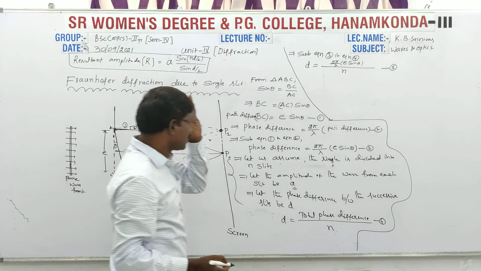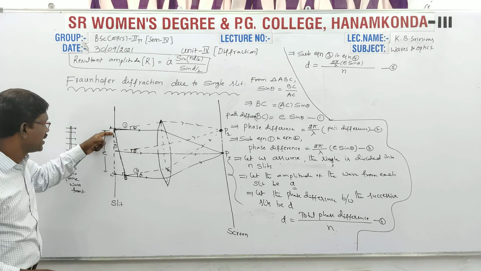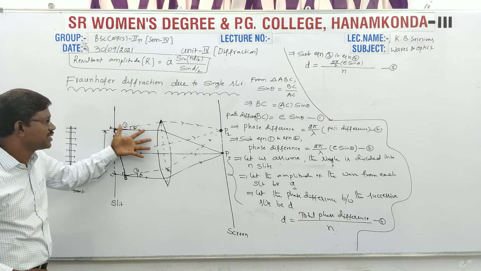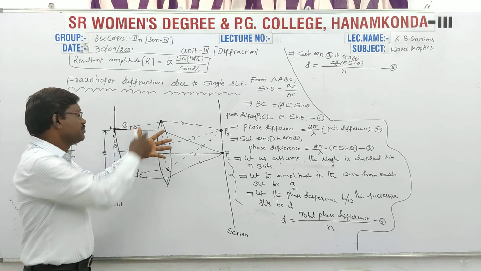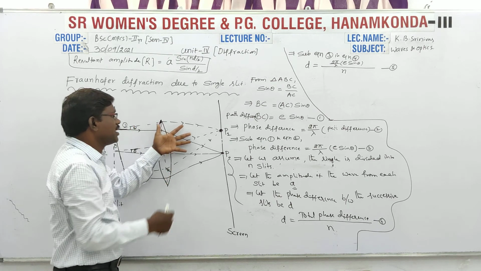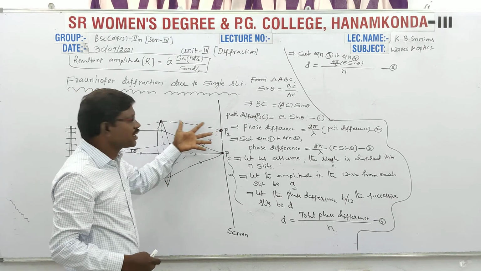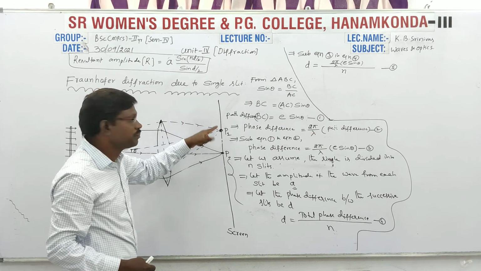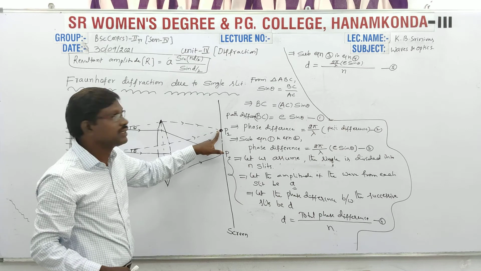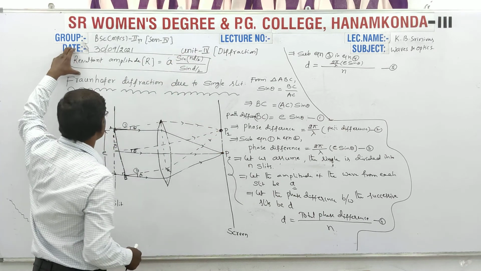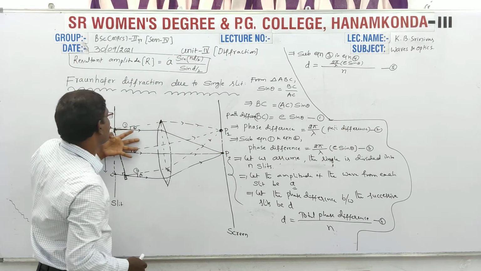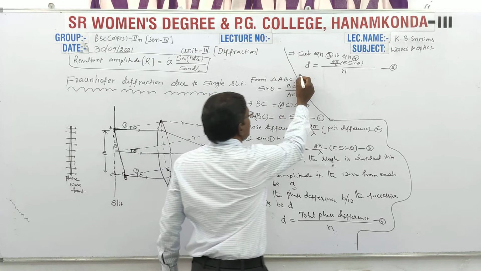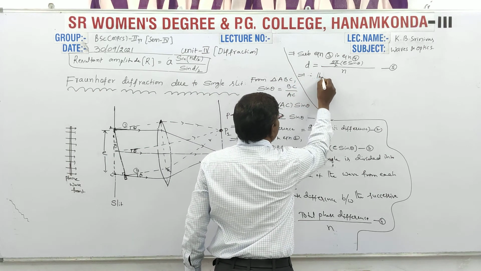So the total slit is divided into n slits, and n waves are coming from n slits and they are focused by this convex lens at P1. So the resultant amplitude due to those n waves at P1 I can calculate using this formula.